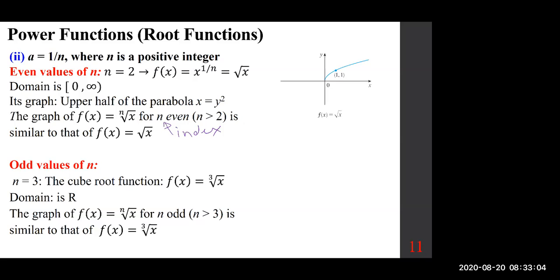But essentially they look the same and they have the same domain. And the same thing happens if the index happens to be odd. They look like f of x equals cube root of x, and as you notice, in this case, the cube root, the domain is all real numbers, and it's really not a problem. I hope everybody's comfortable with the concept. With that being the case, I think we are ready to move on.